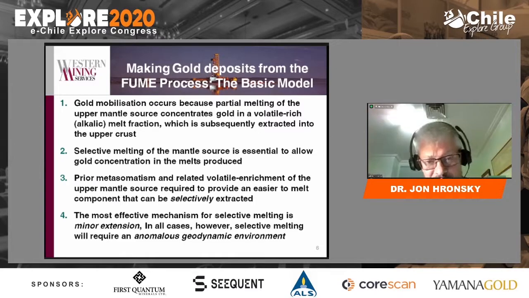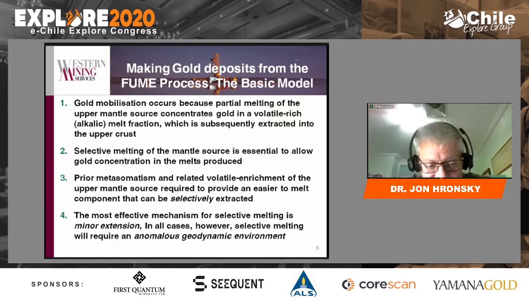To produce this component that can be selectively melted, we require previous metasomatism and related volatile enrichment of the upper mantle source. If we don't have that metasomatism, we don't have a source that can be selectively extracted. And then finally, the most effective mechanism for this selective extraction is minor extension.